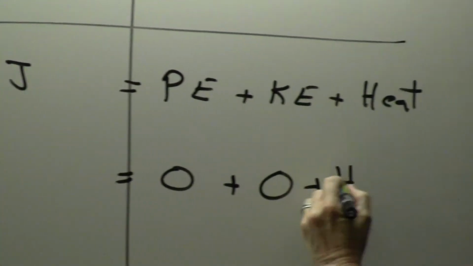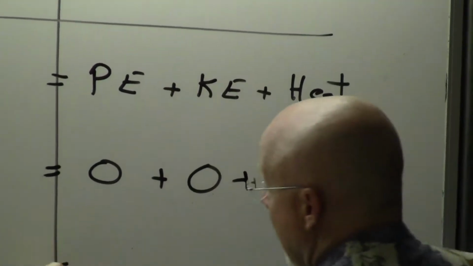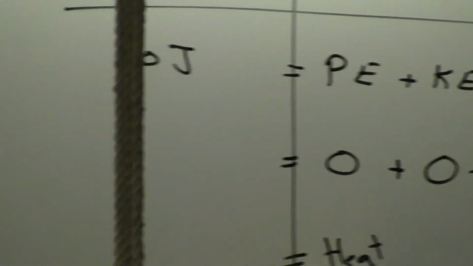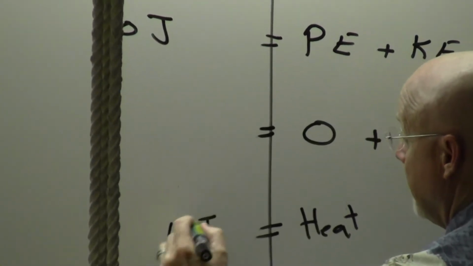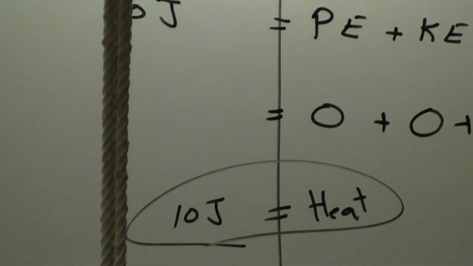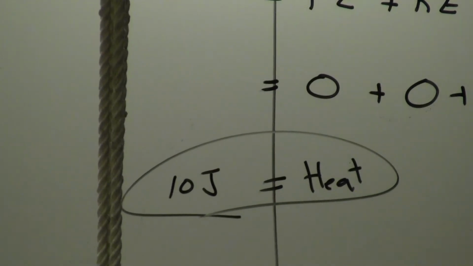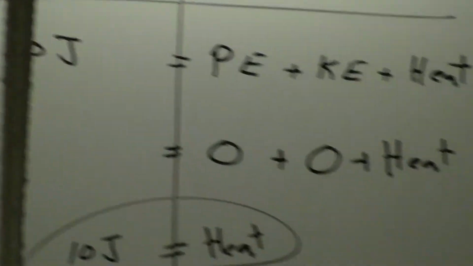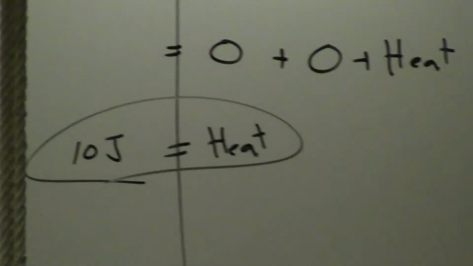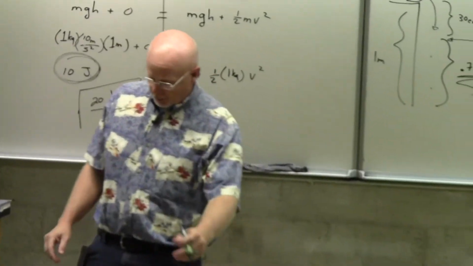And so that would tell me that the amount of heat energy is 10 joules. So 0 potential energy right now. 0 kinetic energy right now. But it still has a total of 10. Those molecules are moving.